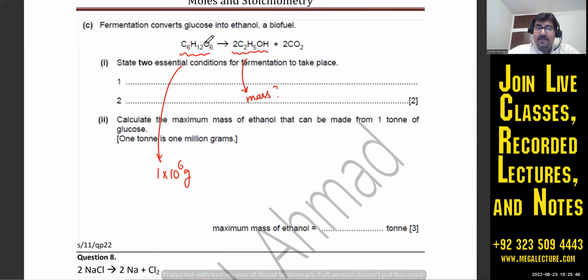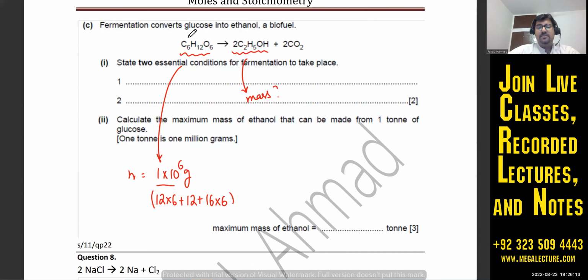So now we have to find this. First thing, convert to moles. How do you figure out moles? Moles is mass divided by molar mass. What is the molar mass of glucose? Carbon is 12 times 6, plus there are 12 hydrogens, plus 16 times 6. Oxygen is 16.